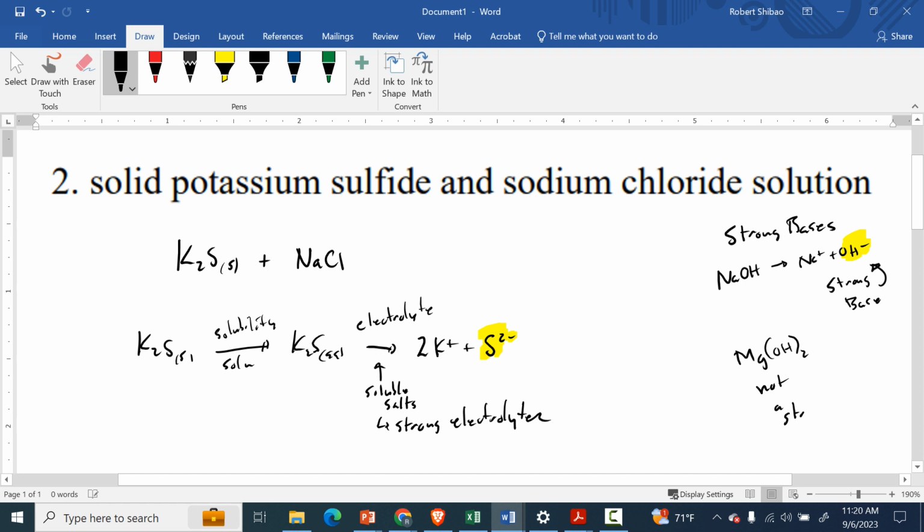Why? It doesn't dissociate. It's an insoluble solid. And so it stays together. We classify it as insoluble. Some will dissolve.